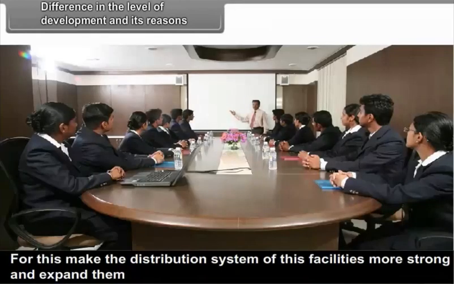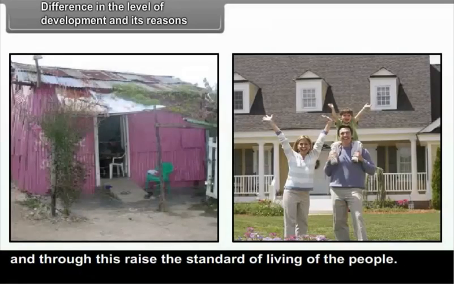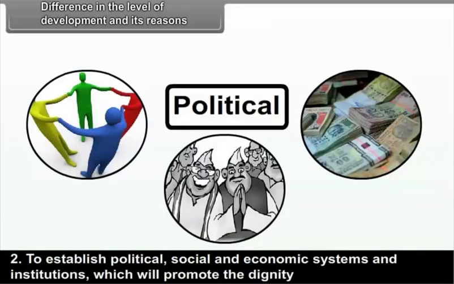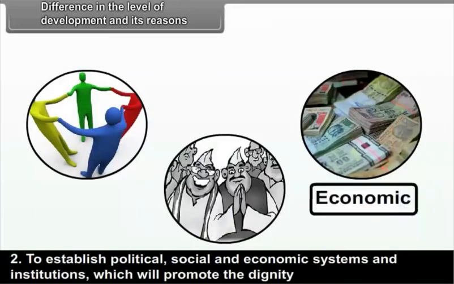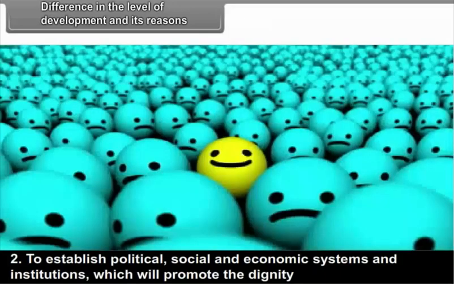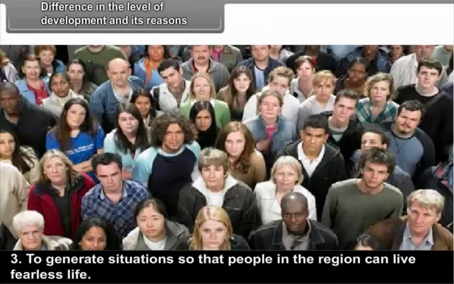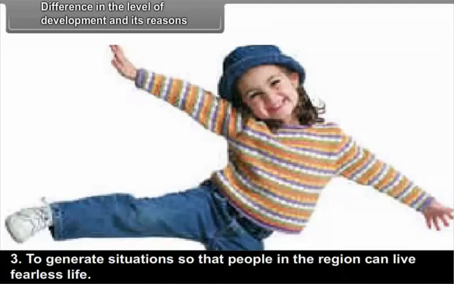For this, make the distribution system of these facilities stronger and expand it, and through this raise the standard of living of the people. To establish political, social and economic systems and institutions which will promote the dignity and respect of the people in the region. To generate situations so that people in the region can live a fearless life.